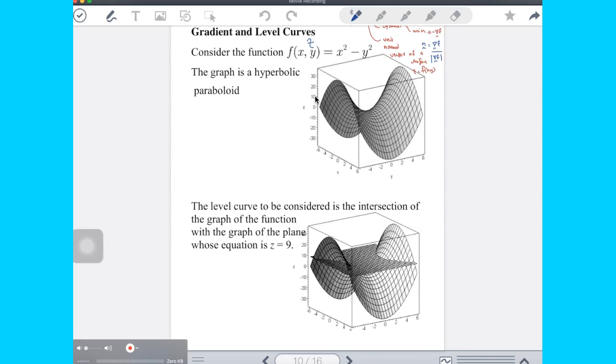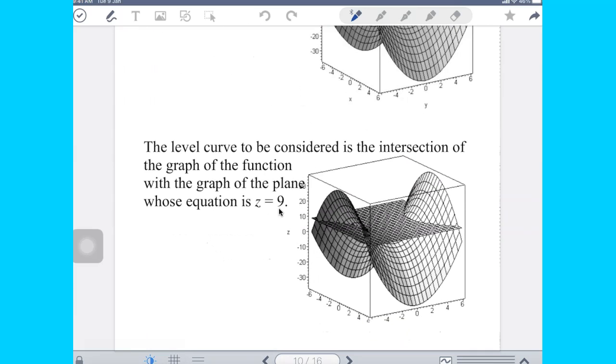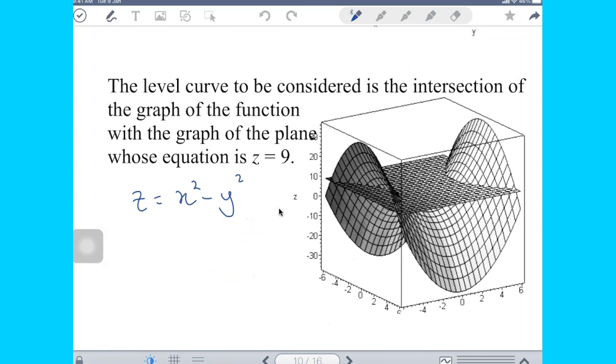Let's say the level curve is at z equal to 9. From the given equation, z equal to x squared minus y squared, we replace z with 9. This is just a random example to explain why we can use gradient F to obtain the normal vector. Then we only have x and y.